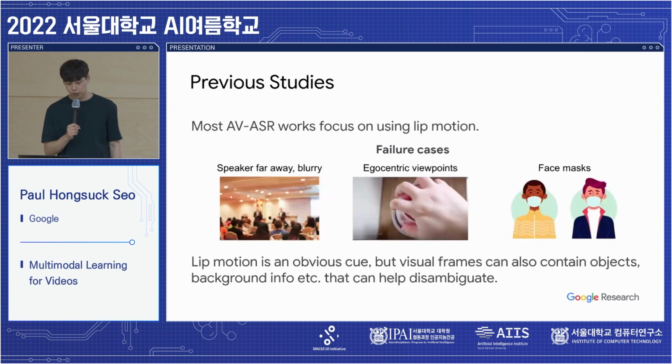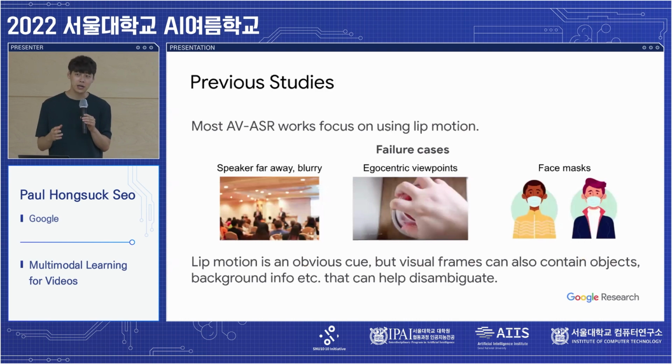Previous AV-ASR studies mainly focused on using lip motions to correct the errors of the transcriptions. But there are cases where lip motions are not available, like the speaker can be far away, or the video frames can be blurry, or videos with egocentric viewpoints do not contain the speakers.